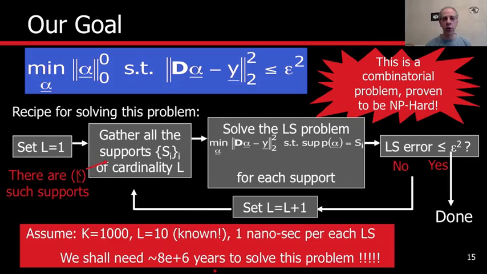It's a huge number. That's how much you're going to need to solve the problem if I already gave you that L is equal to 10. Imagine what will happen if you have to run over all possible L's. It's impossible. That's why the problem is NP hard. It's impossible to solve as it is.